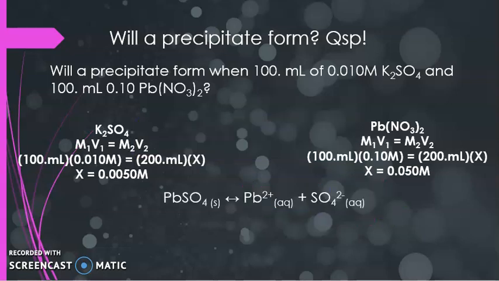I want to rewrite the equation to look something like this: the lead sulfate dissociating into lead 2 plus and SO4 2 minus. This is much better because now I have a double-headed arrow, which implies equilibrium, and now I have something I can actually do a Q calculation with.